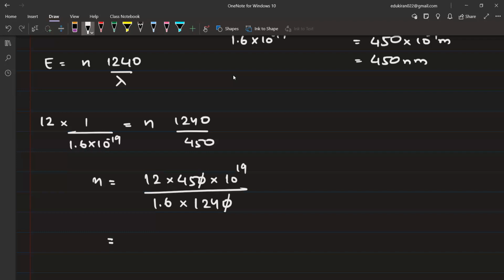Which calculation was easy? 12 into 45 into 10 to the power 19. And I can write this 16 divided by 10. Divided by 10 will go above, it will become 10 to the power 20. This is 16 into 124.